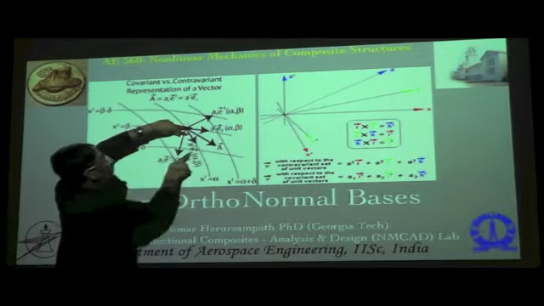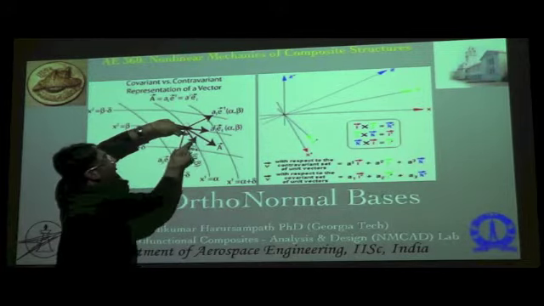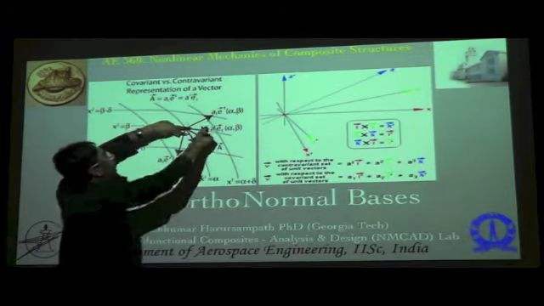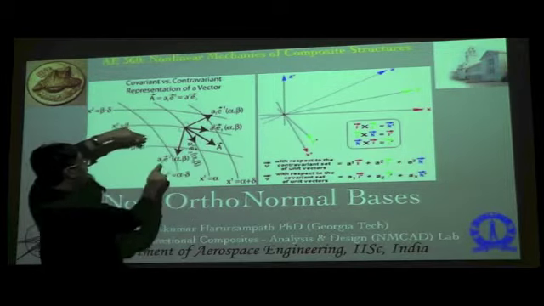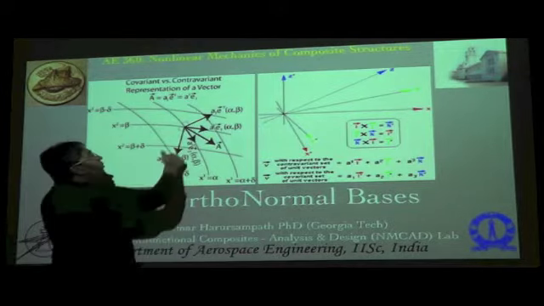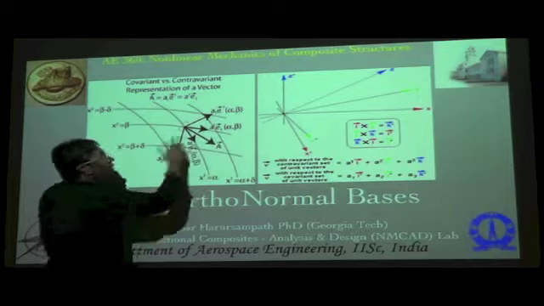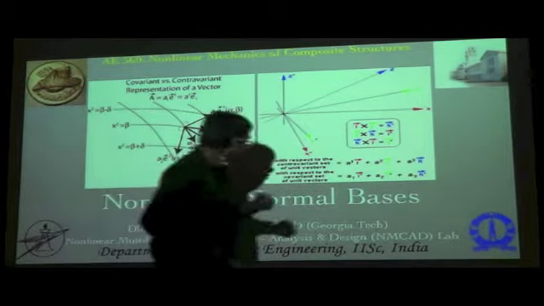Sorry, E1 and E2 are the covariant basis vectors which are tangential to the coordinate curves, whereas E superscript 1 and E superscript 2 are perpendicular to those coordinate curves and form the contravariant base vectors, and correspondingly their measure numbers are the other way around.